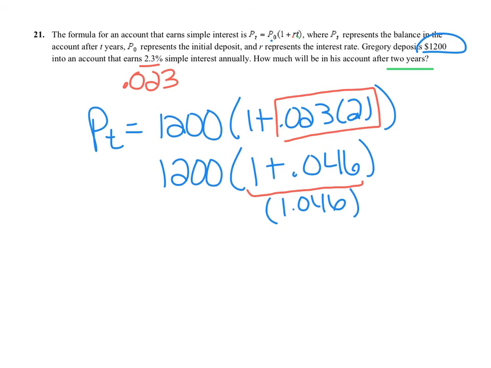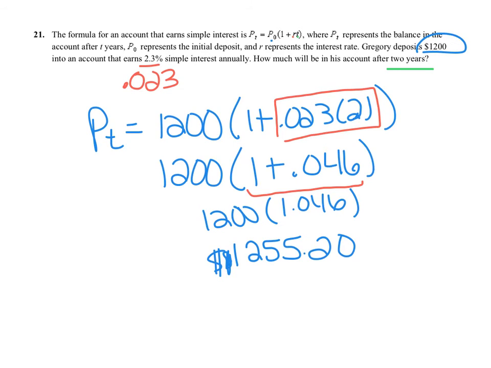And I'm going to multiply that by 1,200. And when I do that, I get $1,255.20. All right, so that's our final answer.